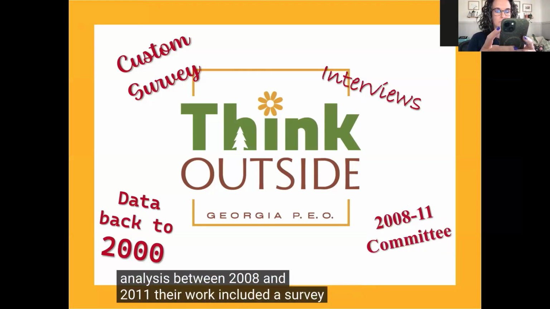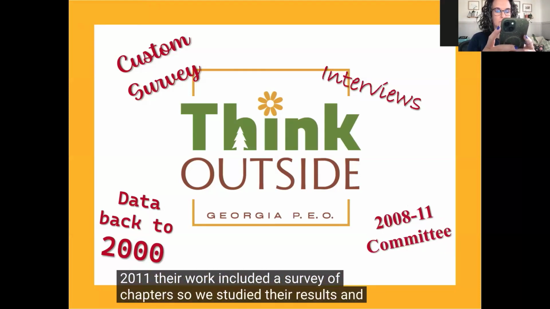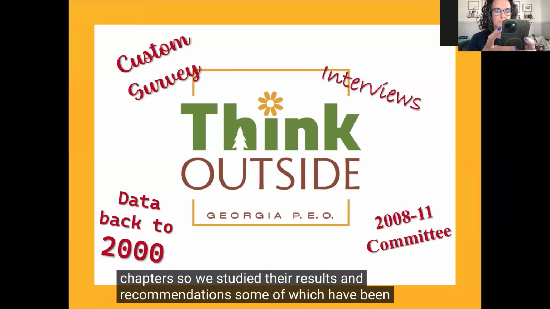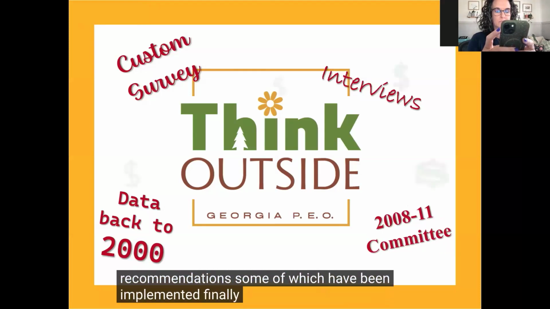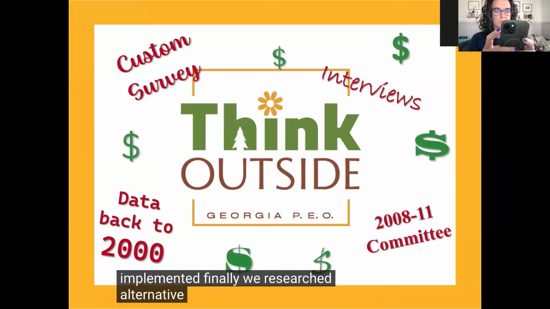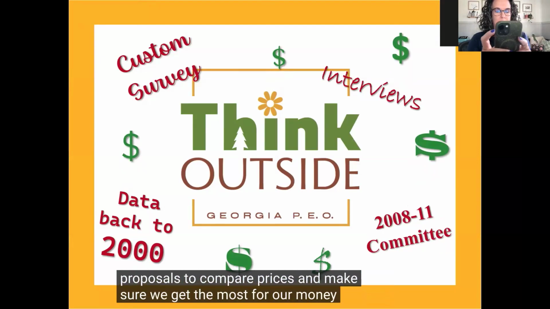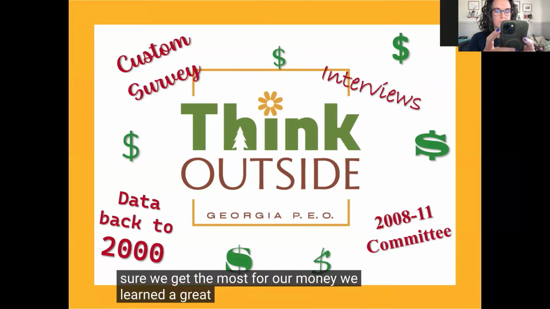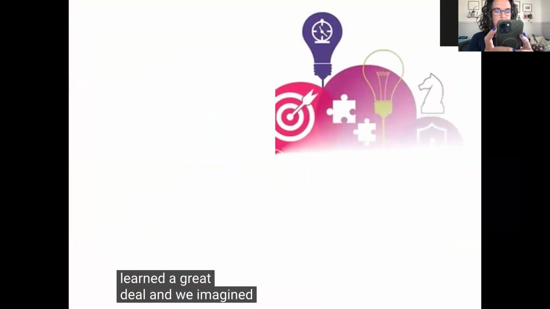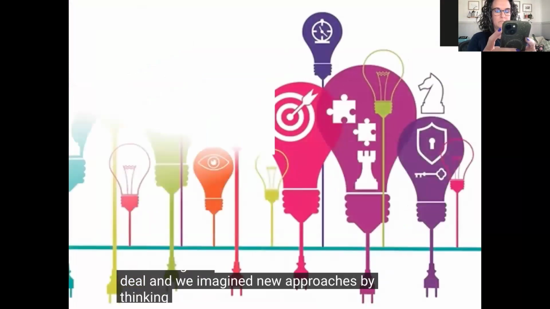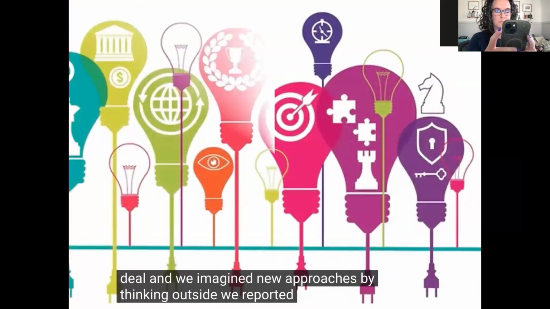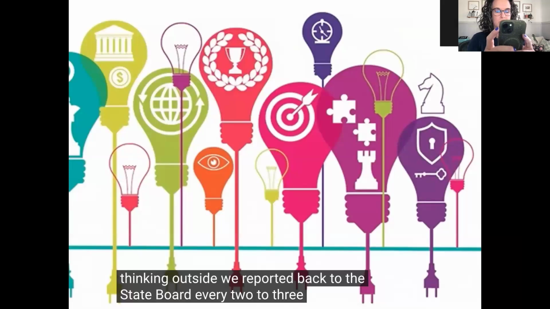Their work included a survey of chapters, so we studied their results and recommendations, some of which have been implemented. Finally, we researched alternative locations and sought proposals to compare prices and make sure we get the most for our money. We learned a great deal. And we imagined new approaches by thinking outside. We reported back to the state board every 2 to 3 months, sharing our findings and ideas.